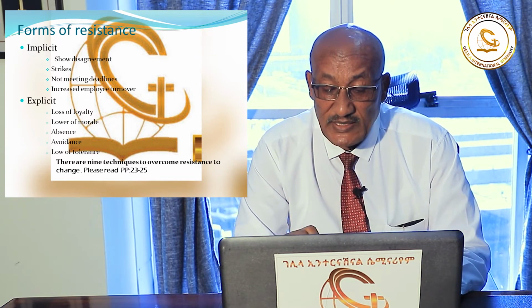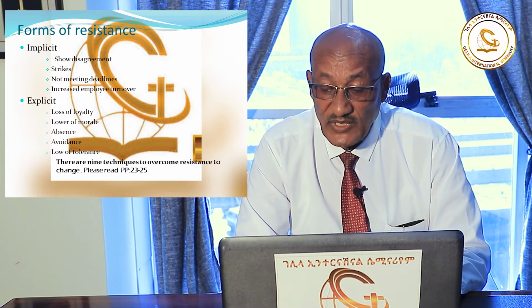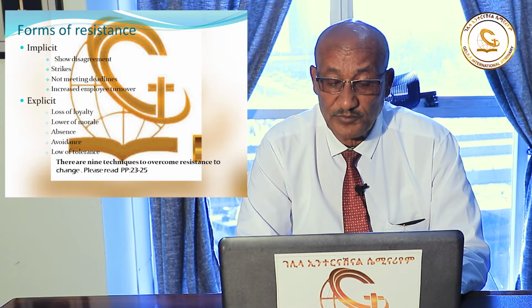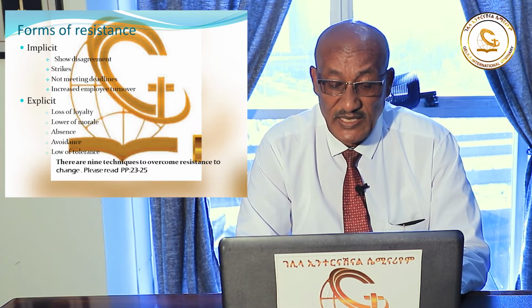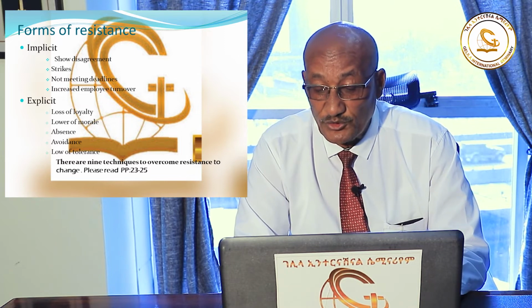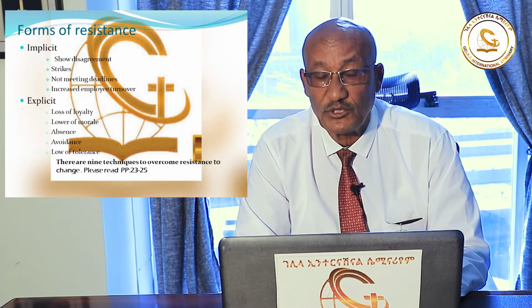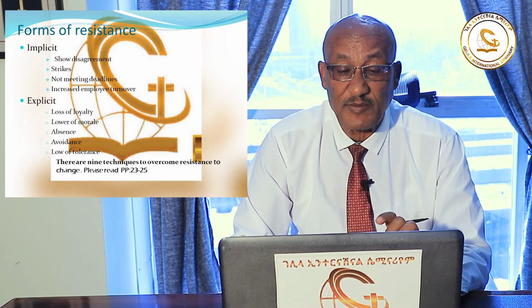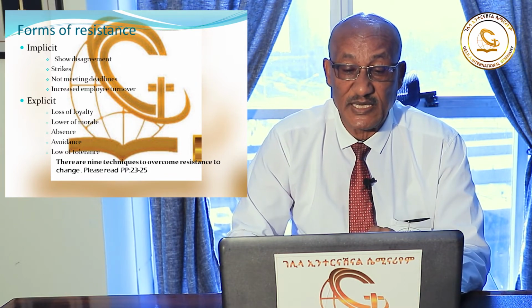There are 9 techniques to overcome resistance to change, which are written in the module prepared by Galila International Seminary. It's better to read pages 23 to 25 in order to have a better understanding about these forms of resistance.